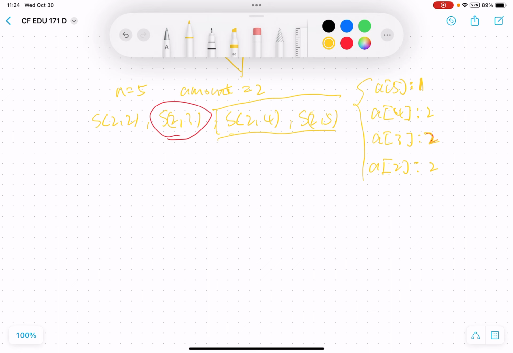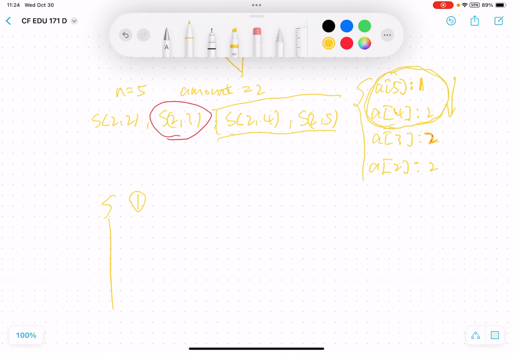So after that, we will know for the sum of this amount of elements in this array, there are several parts. The first part is the entry, that means the first elements.